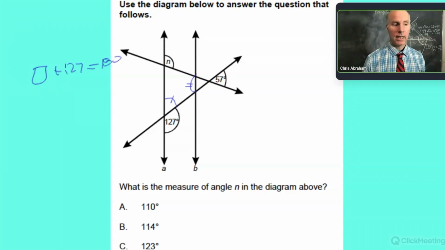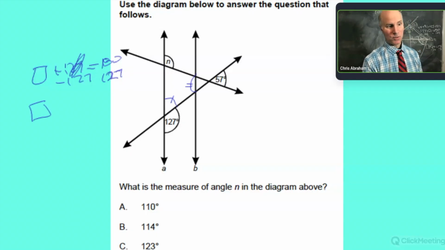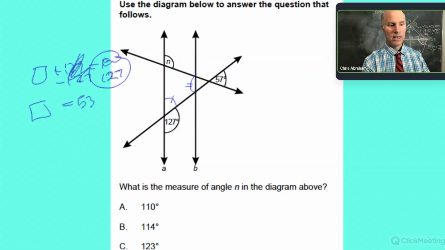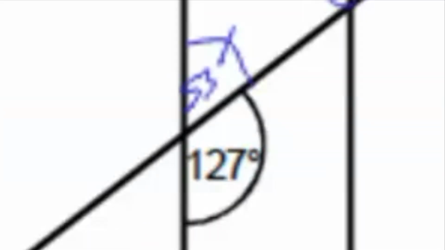These two angles form a straight line. If we subtract the 127, and we're doing a little bit of algebra, subtracting to solve for that unknown. And we're doing a little bit of number sense because we're subtracting, right? That unknown is going to be equal to 180 minus 127. 180 minus 127 is 53. So our unknown here is going to be 53.